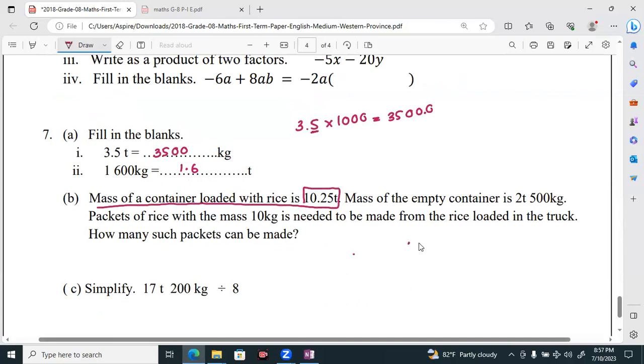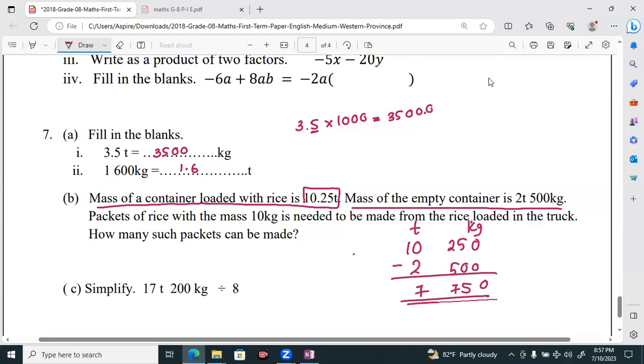Then 10 tons, it is 250 kilogram. Then subtract the mass of the empty container, 2 tons, 500 kilogram. It is 7 tons and 750.